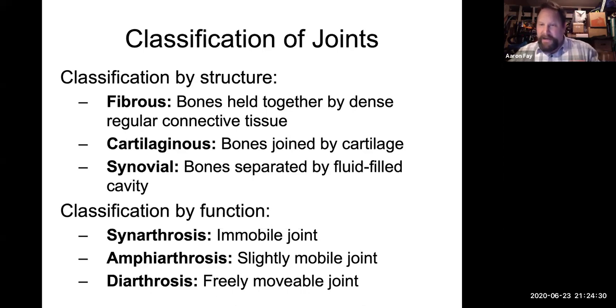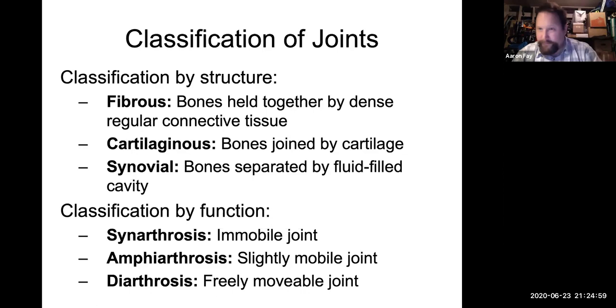In synarthrosis, arthrosis means having to do with bones, and the angle between the bones does not move. Syn means same. So the angle between these bones always stays the same, which means the bones never move, which means it's an immovable joint. The bones aren't moving relative to each other. So a synarthrosis is telling you that that articulation does not move.